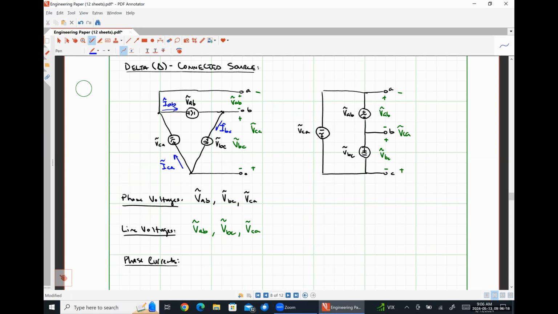On my other representation, we have our currents IAB, IBC, and ICA, like so.